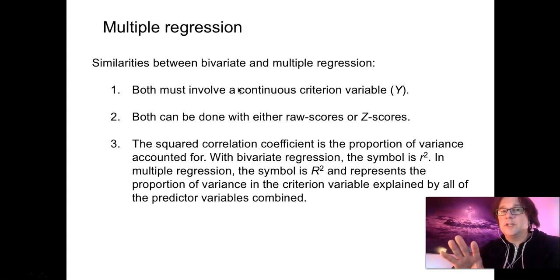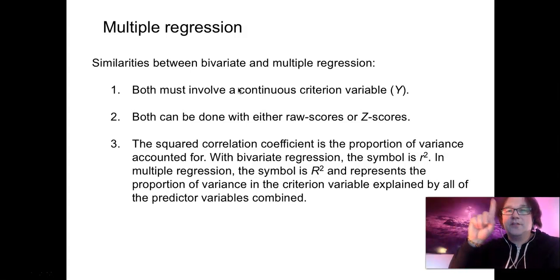So when we're dealing with z-scores, so when we're dealing with standardized scores, those beta weights in correlation or in regression, those standardized regression coefficients, if you square them, it tells you how much of your predictor is accounting for changes or differences in your criterion variable or your y variable.